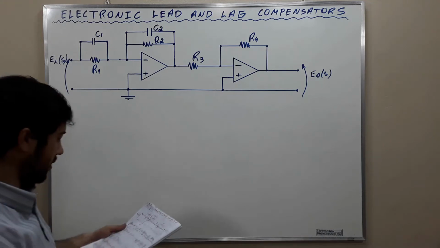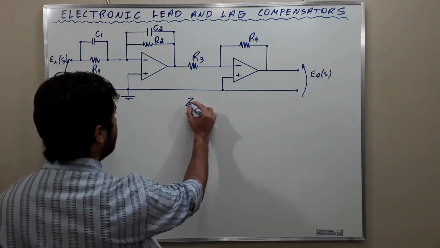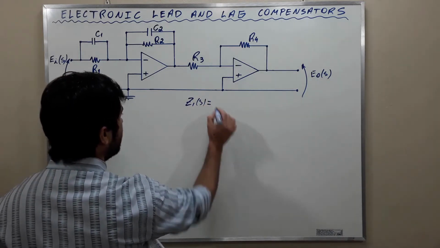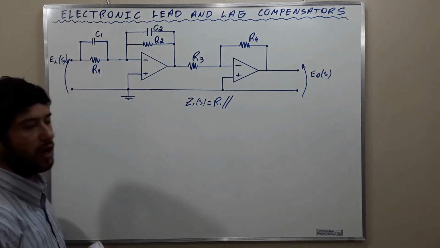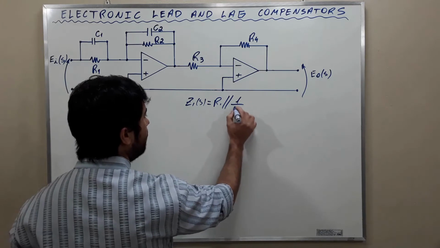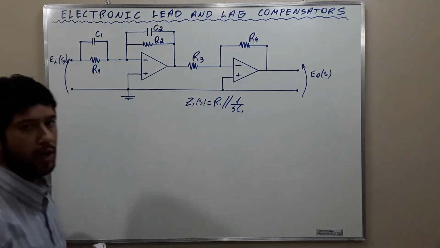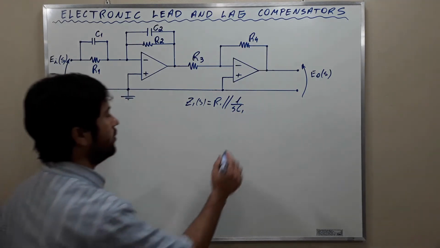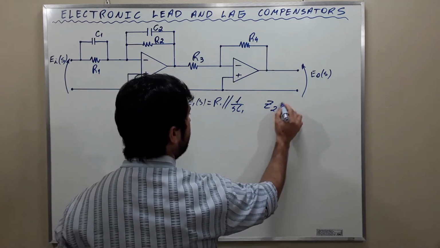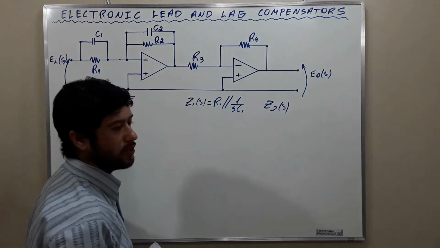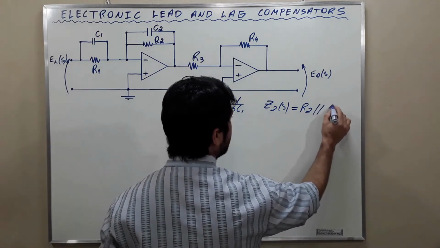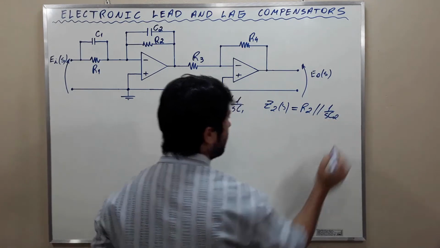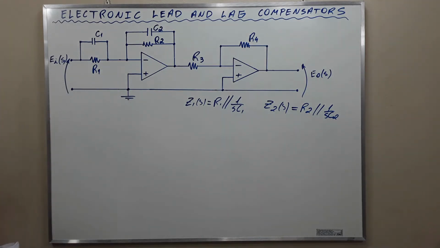Then Z1 of S is equal to the parallel connection between resistor R1 and capacitor C1. And Z2 is the parallel connection between resistor R2 and capacitor C2. Alright?